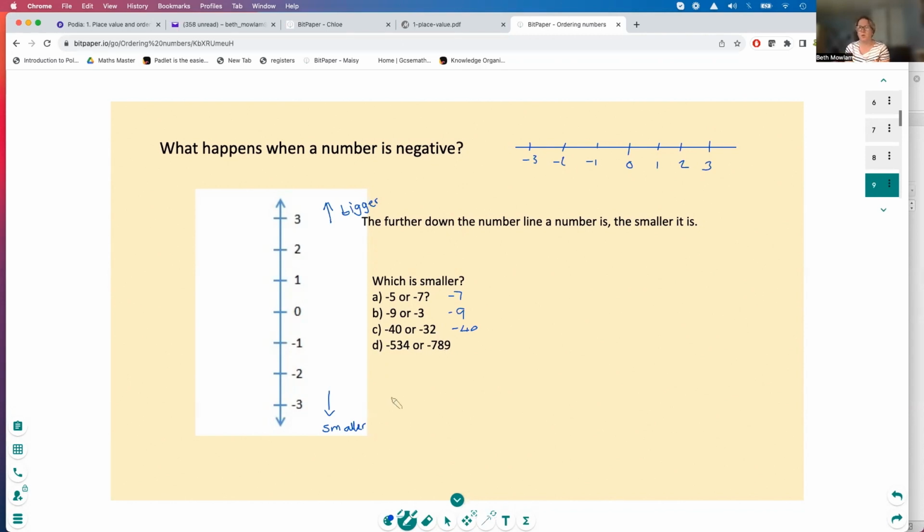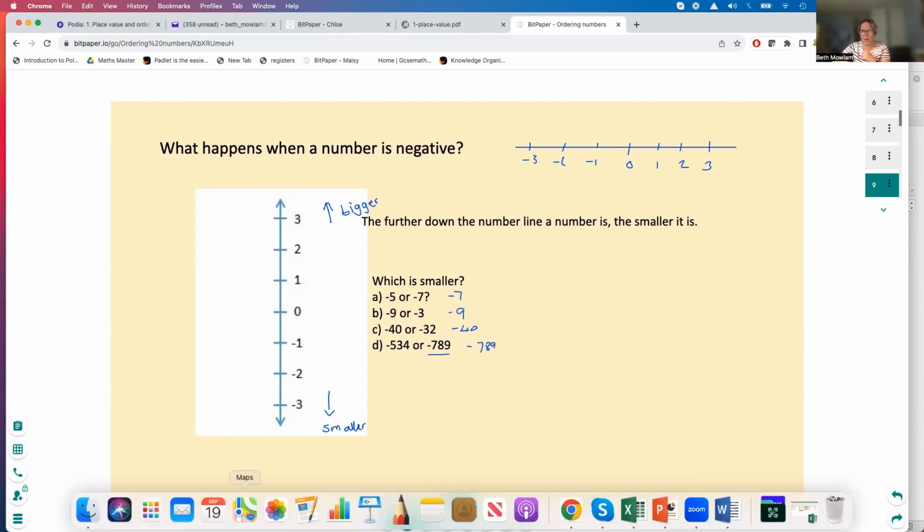However big the number looks, all we've got to think is what would be further below it. If you're getting further away, -789 is going to be the smaller number. That's going to be furthest down that hole.